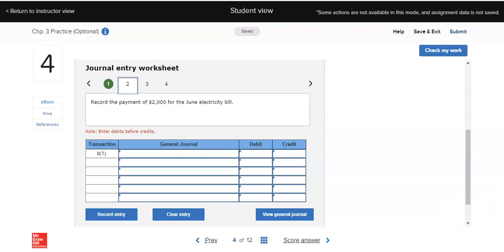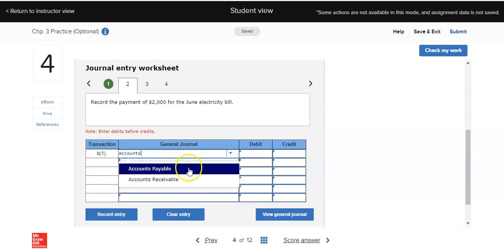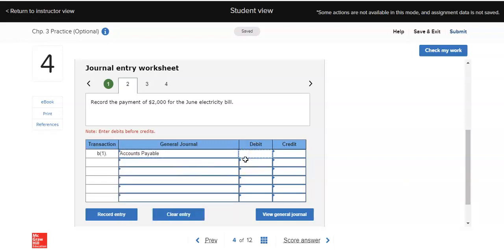Accounts payable is on the right side of the accounting equation, so we increase by putting amounts on the right or the credit side. So how do we reduce? We do the opposite. So we will debit accounts payable to reduce our debt by $2,000, and we'll credit cash.